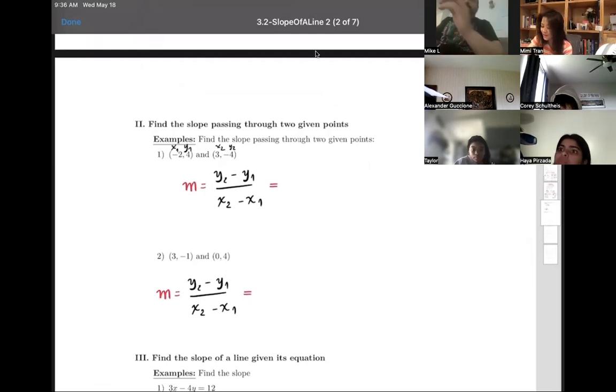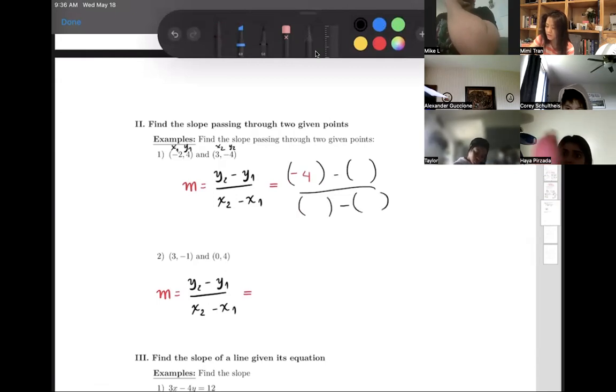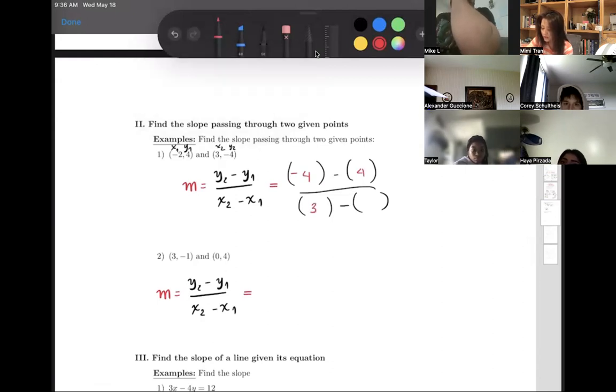So y2 minus y1. y2 is -4. If I was you, I'd do this: parenthesis minus parenthesis, divided by parenthesis minus parenthesis. So -4 minus y1, which is 4. And then x2 is 3 minus x1, which is -2.